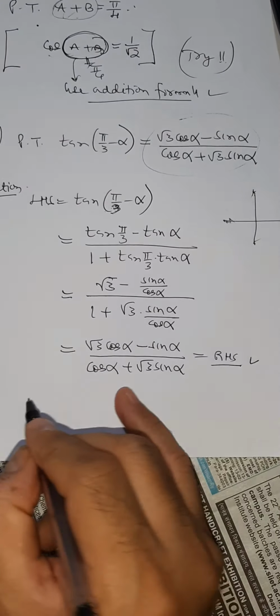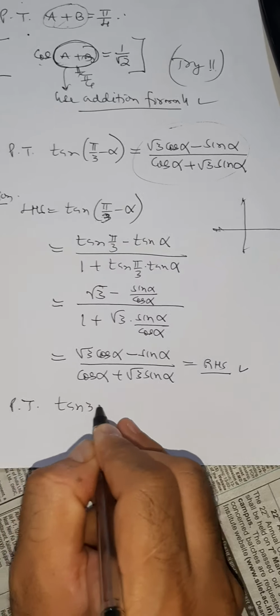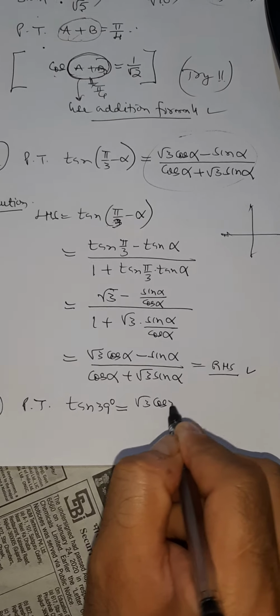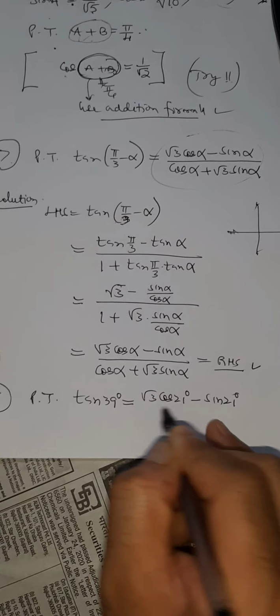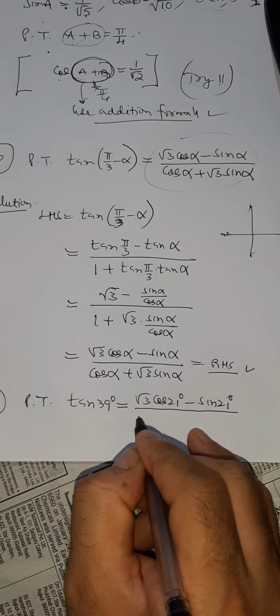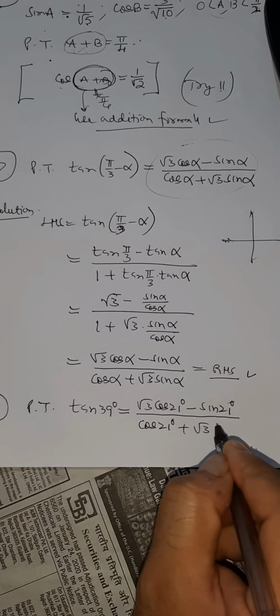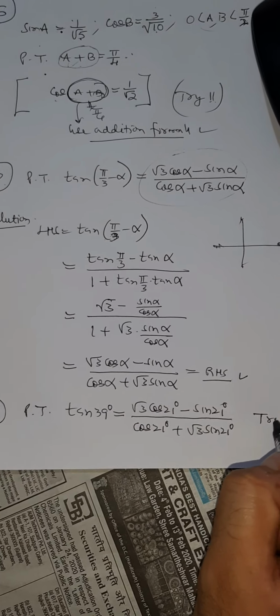The 8th question I leave for you. Prove that tan 39 degrees equals root 3 cos 21 degrees minus sin 21 degrees upon cos 21 degrees plus root 3 sin 21 degrees. So try, start with the LHS.